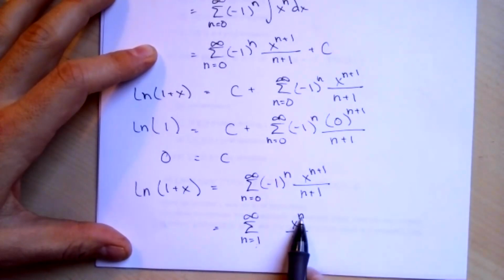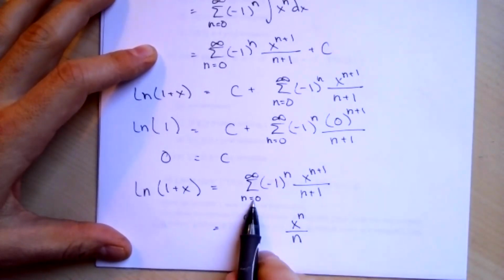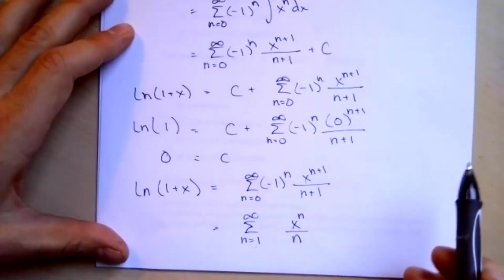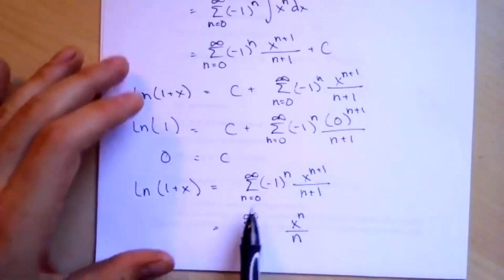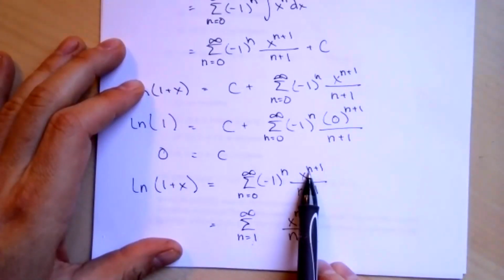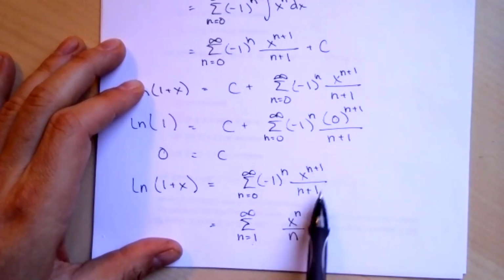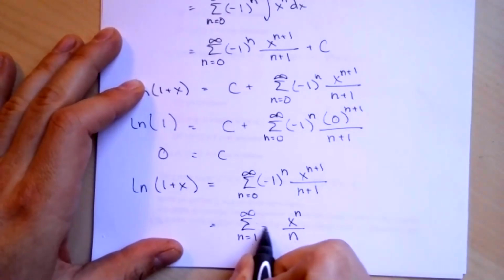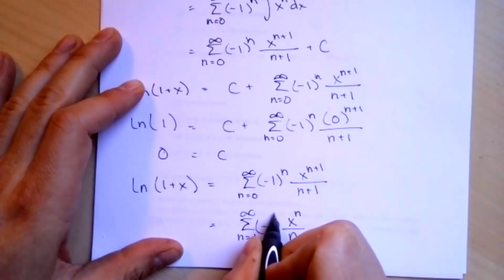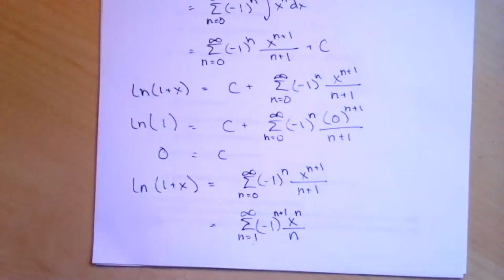When n equals 2, we'll have x to the 2 over 2. Likewise here, it's just going to be shifted a little differently, shifted off by 1 on the index. n equals 0 gives us that x to the 1 over 1. n equals 1 gives us x to the 2 over 2. And then so we just need to shift the index on the alternating part as well.